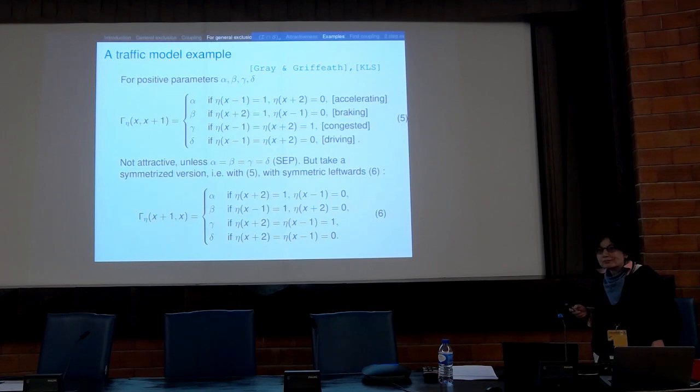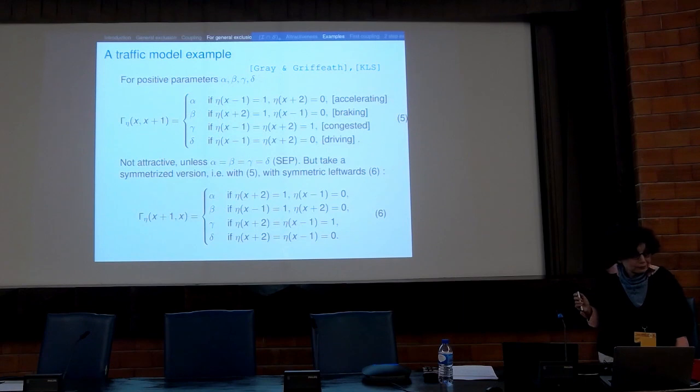Are there other questions? Yeah, just two small questions. So first, if we have a model that doesn't admit uniform Bernoulli invariant measure, then we are sure it's not attractive, right? No, I'm not saying that.